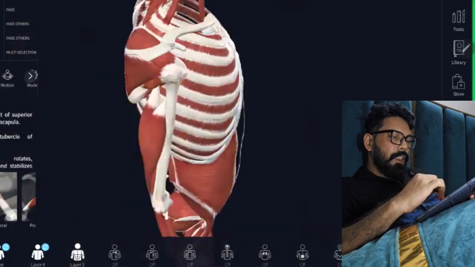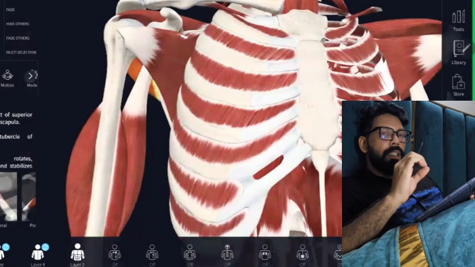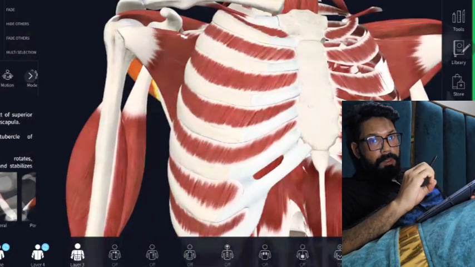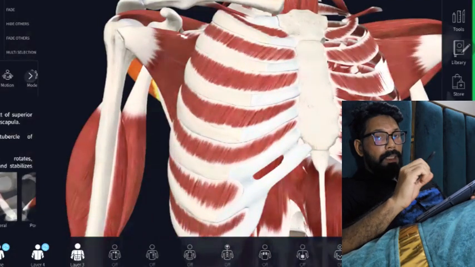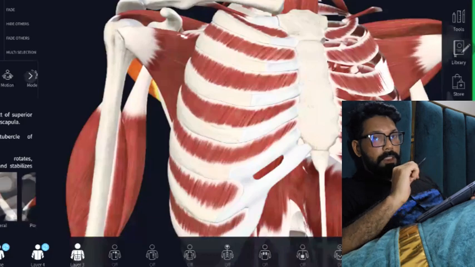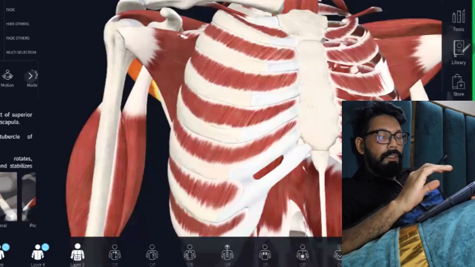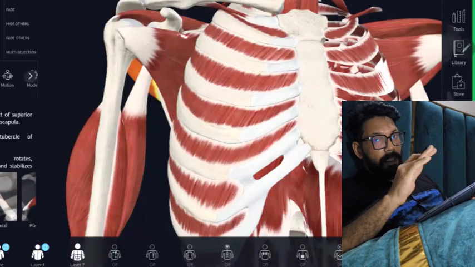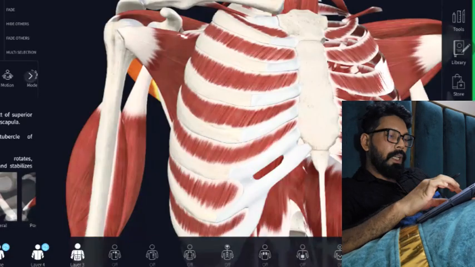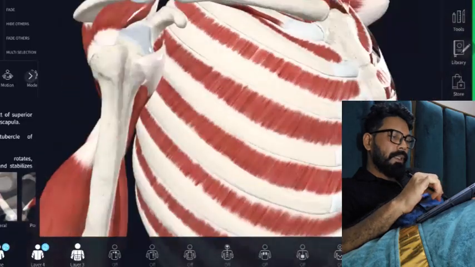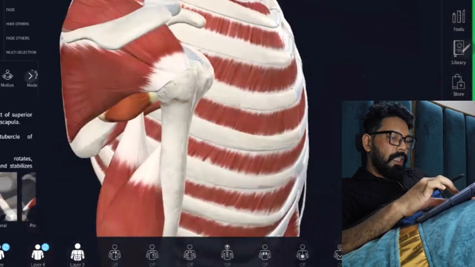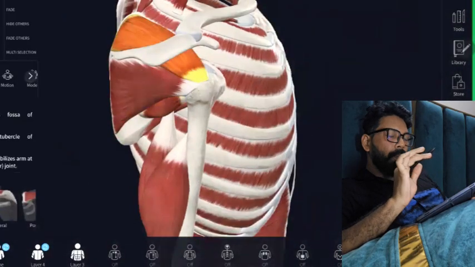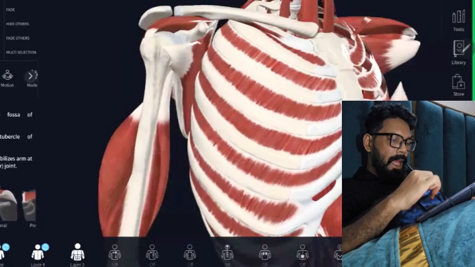These four are the single most important group of muscles you will be needing for MRCS part A. They generally don't give questions from muscles, no questions from muscles except rotator cuff. You will have questions from rotator cuff every year. You will have questions from shoulder injury. For that, you need to know some very specific things like supraspinatus muscle, and let me add deltoid.